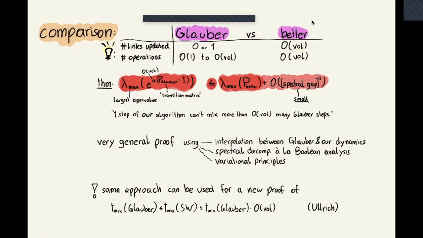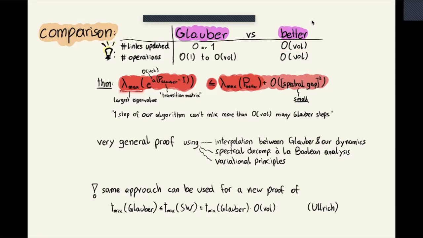The amount it mixes, so to say, is of course not given by the number of links updated. That's a poor proxy. Instead, a better way to actually understand mixing is by a comparison of the largest eigenvalue or the spectral gap. And indeed, this is what you can prove.